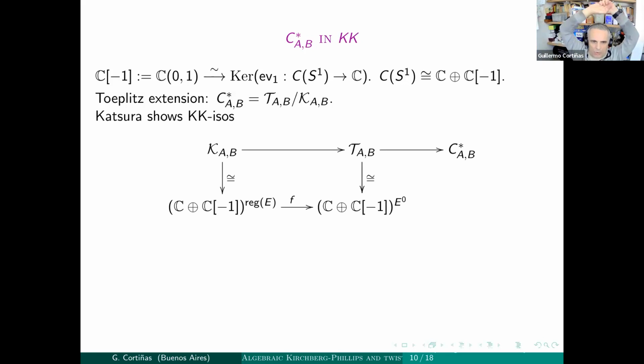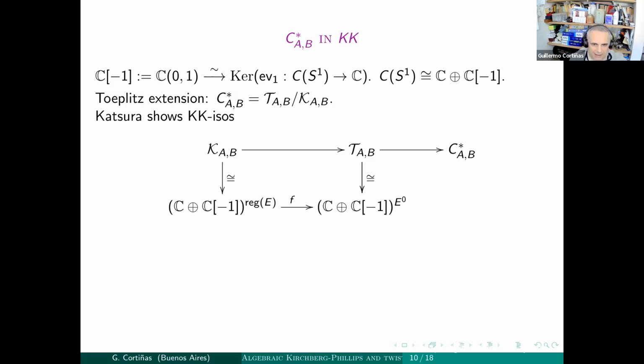So Katsura shows that it identifies this with sums of copies of the continuous functions on the circle, because C plus C_{-1}, we said, is isomorphic to the continuous functions on the circle.